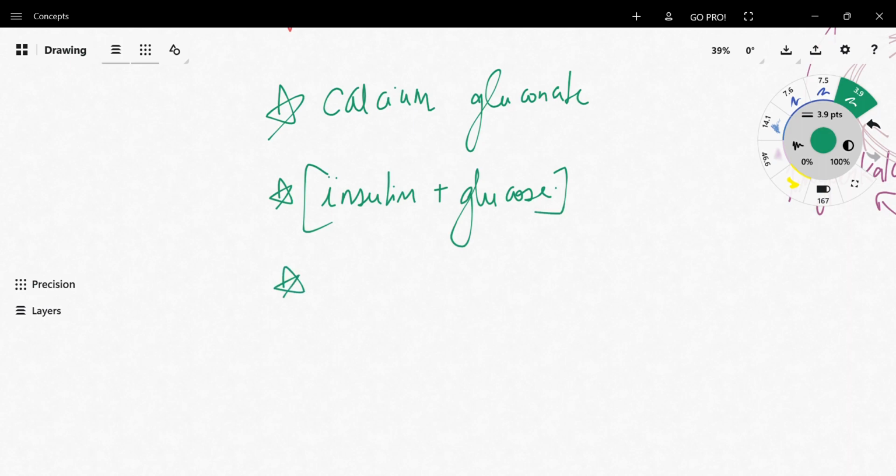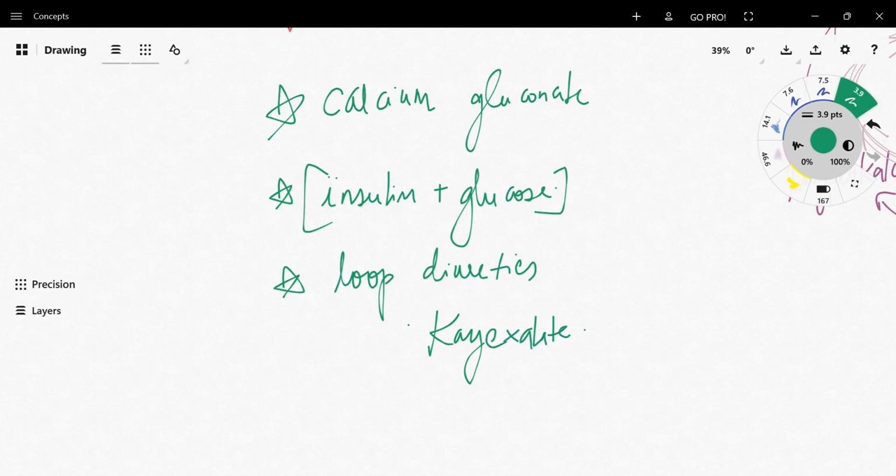And you can also give loop diuretics. You can also give potassium binders, but because that tends to be slower acting since it binds potassium in the gut, it's not going to be useful in an acute scenario.